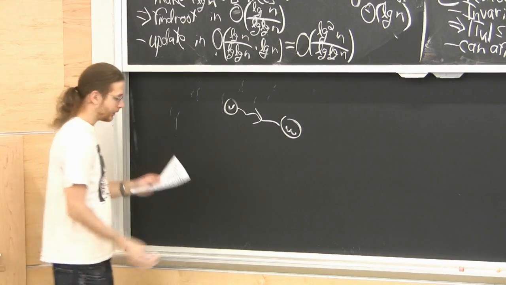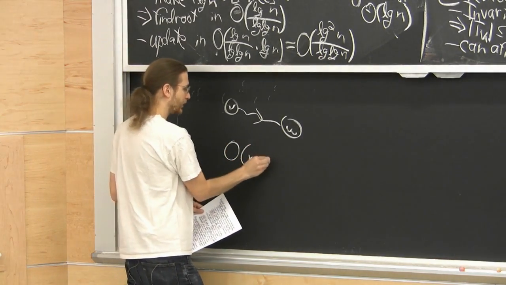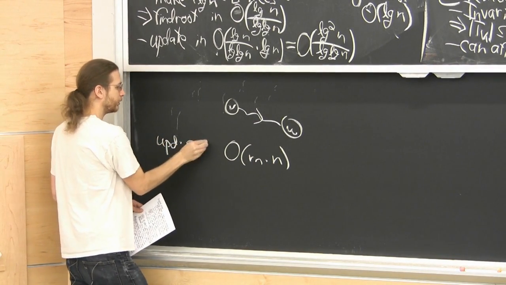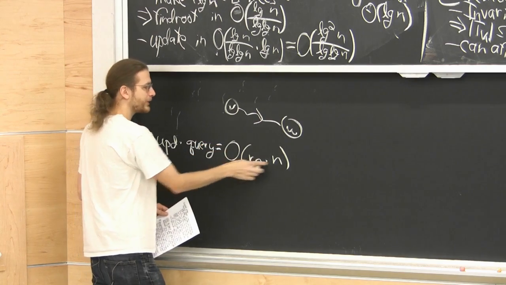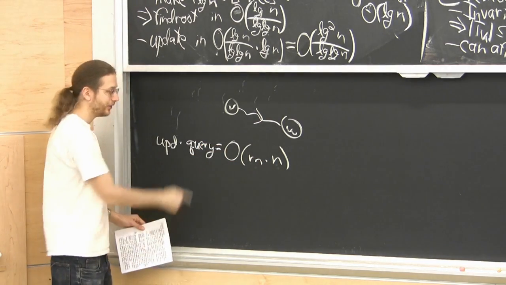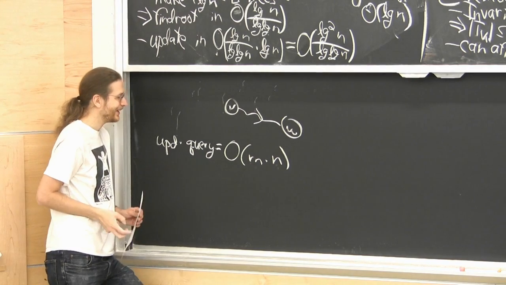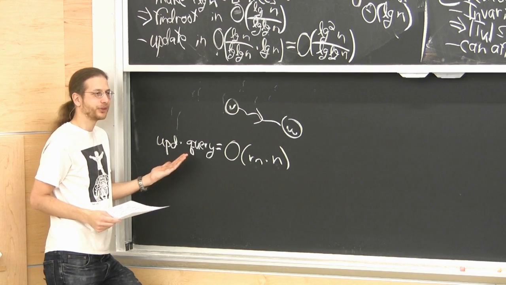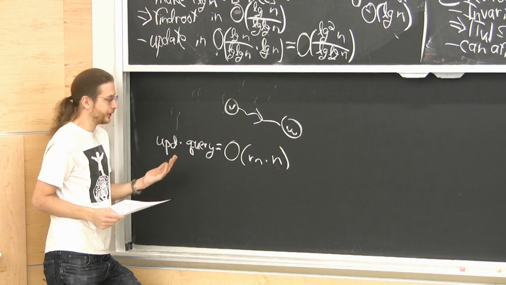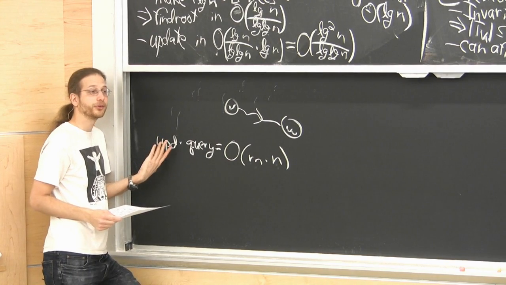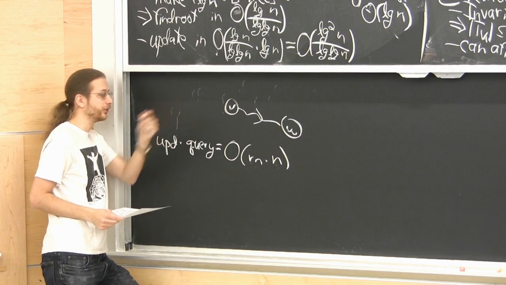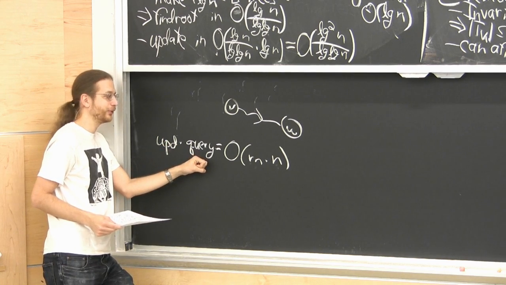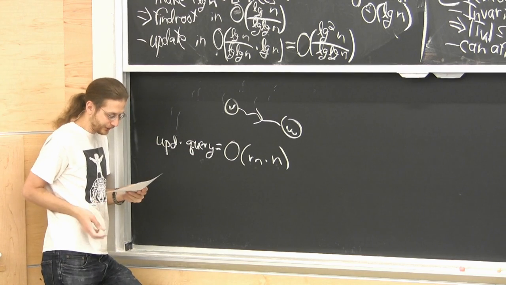At the moment, a bunch of results match a trade-off curve, which would be update times query is roughly m times n, number of edges times number of vertices. This is big. Okay? But there are a bunch of results that achieve this trade-off. I don't think I'm matching a lower bound. But it's also open whether this entire trade-off curve could be achieved. There's various points on the curve where you pay square root of n for an update, then you pay like m times square root of n for the query, or vice versa, stuff like that.